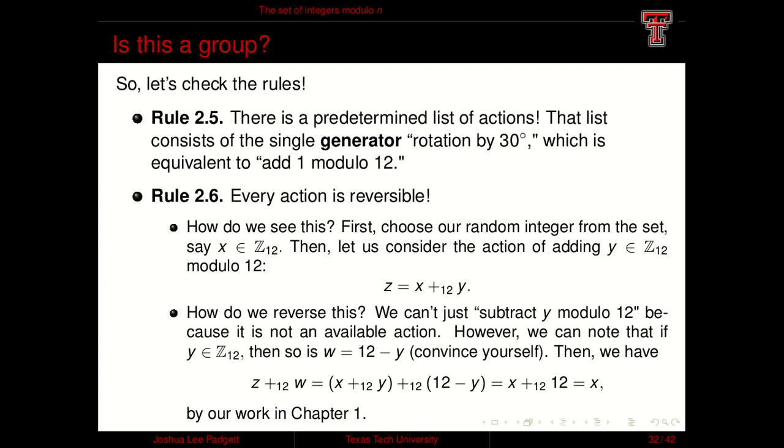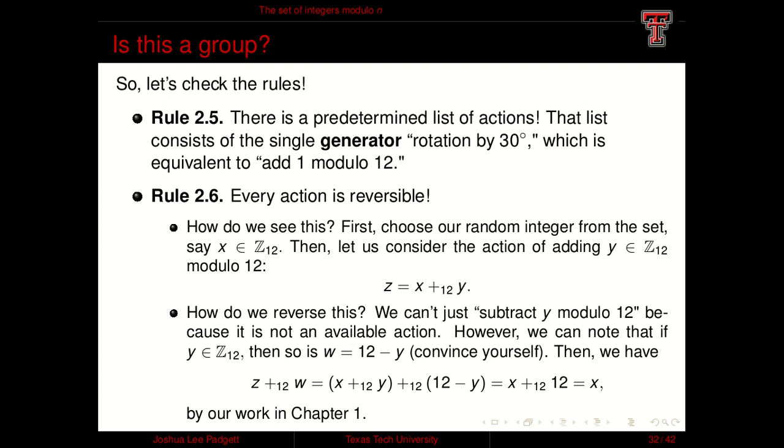Then, if I add z and this very special choice w, we get an expression such as this, and due to the associativity of addition, the y's cancel out. x plus 12, when I divide by 12, gives remainder x. So I have reversed it. I've explicitly constructed a way of reversing it.